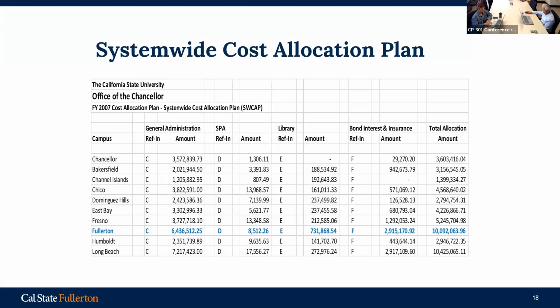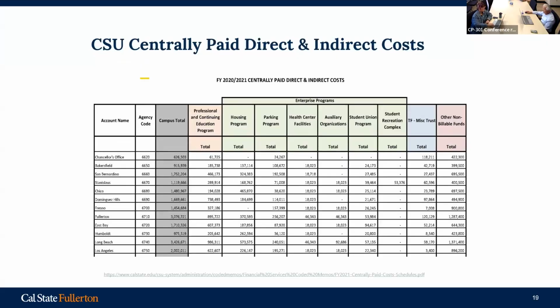And then centrally paid activities. I just listed a few as an example. And you see Fullerton, the chancellor's office pays, let's say, for continuing education $995,000, for housing programs $771, and so on and so forth, for a total of about $7 million. So this is an example of how things flow down from different areas.